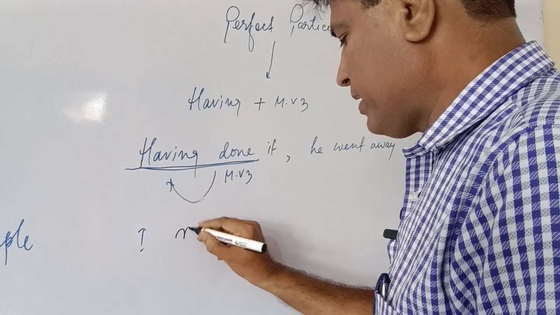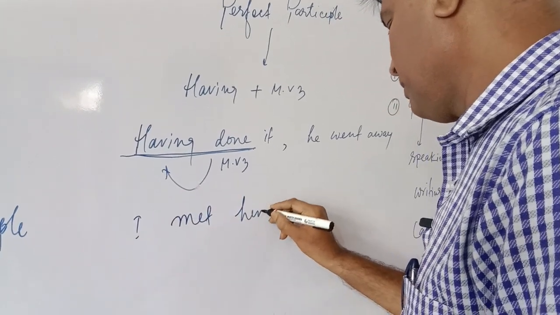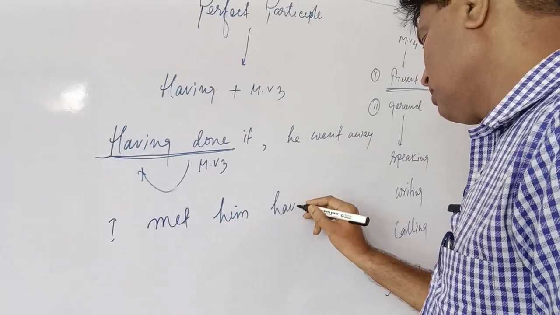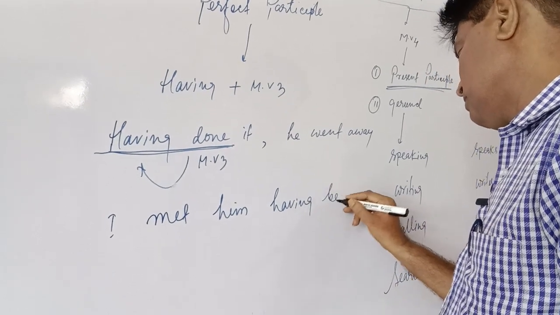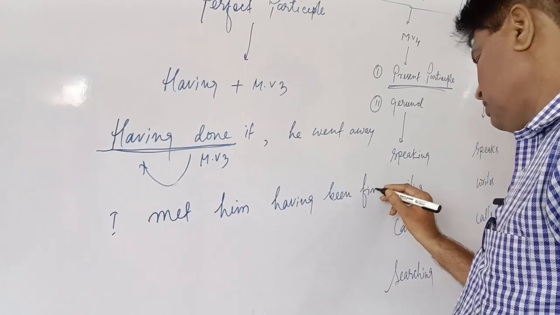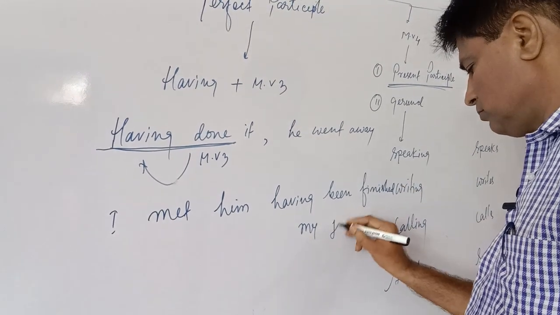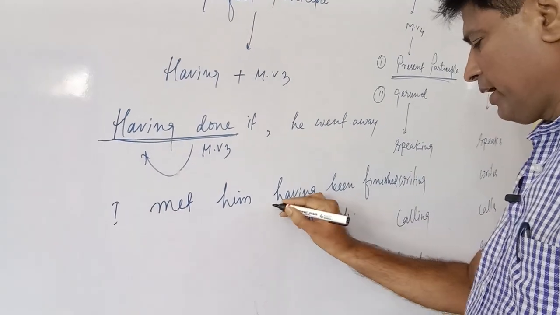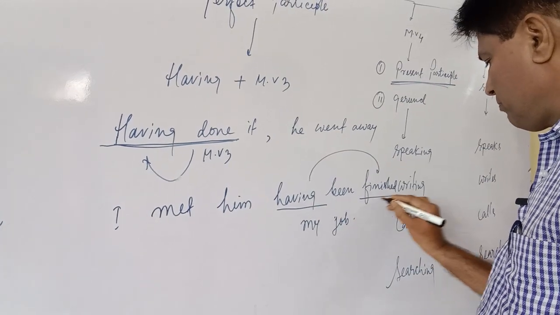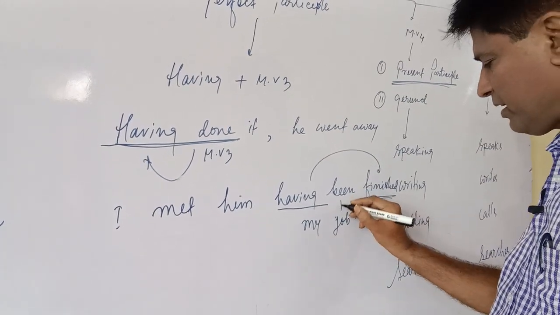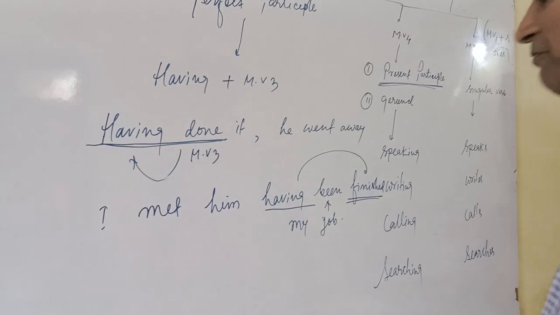I met him having been finished my job. In this sentence, having finished will be the perfect participle, and being is used here as the passive form of English.